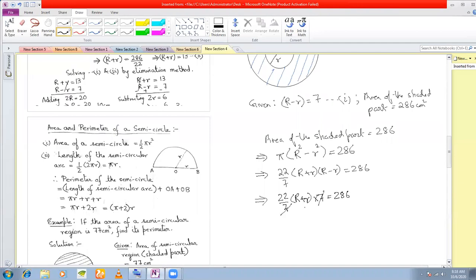So you can cancel this out, this 7, and you are left with only 22 times R plus r is equal to 286.